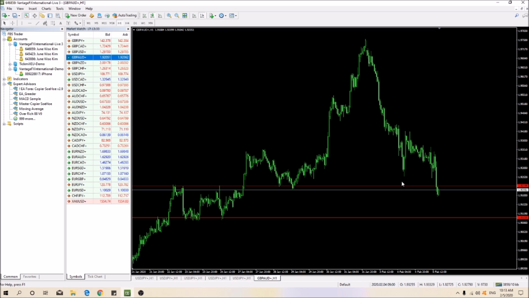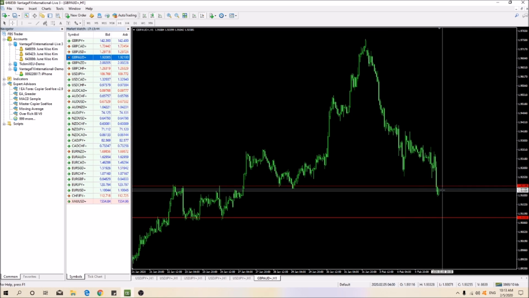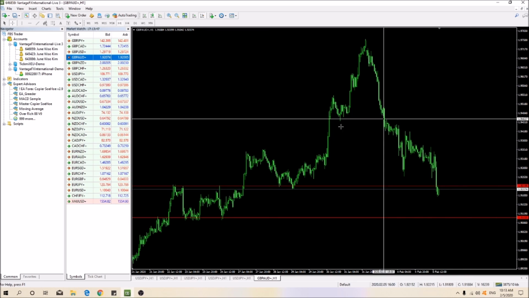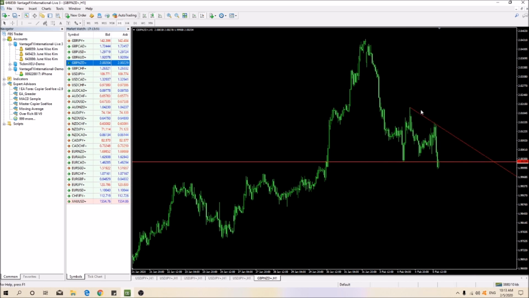Moving on to GBP AUD, guys. Looks like right now it's hovering around this support line. I can see this shoot back up. GBP NZD is following this trend line nicely. You saw two rejections here.